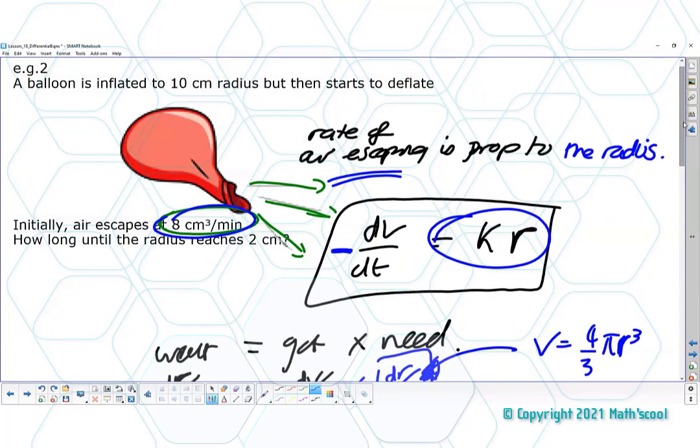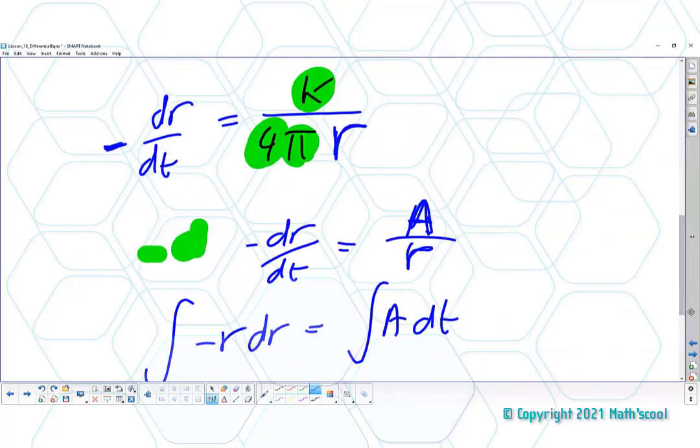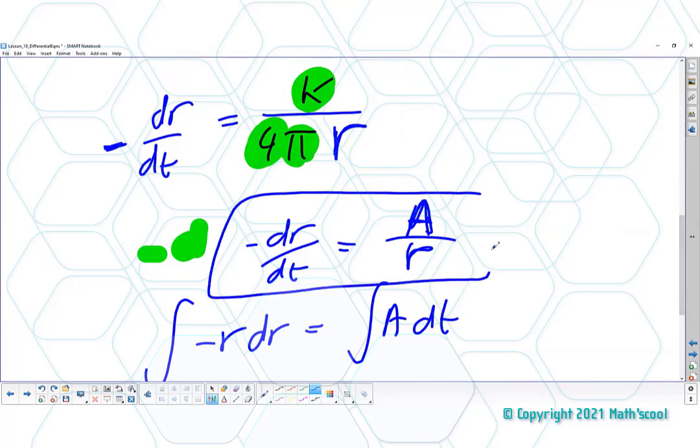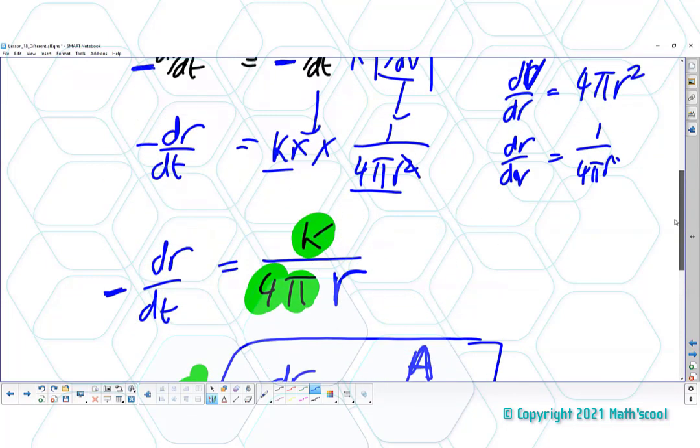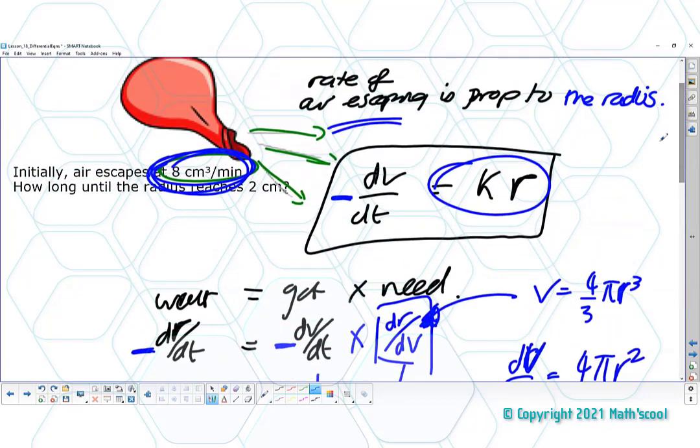Okay, what do I know? Initially, the air escapes at 8 centimeters cubed per minute. That's not really going to help me because I can't put that into here. You know what I can do? I can go back to here and say, look, initially the air escapes at 8 centimeters cubed per minute. So that's minus dv by dt is 8.